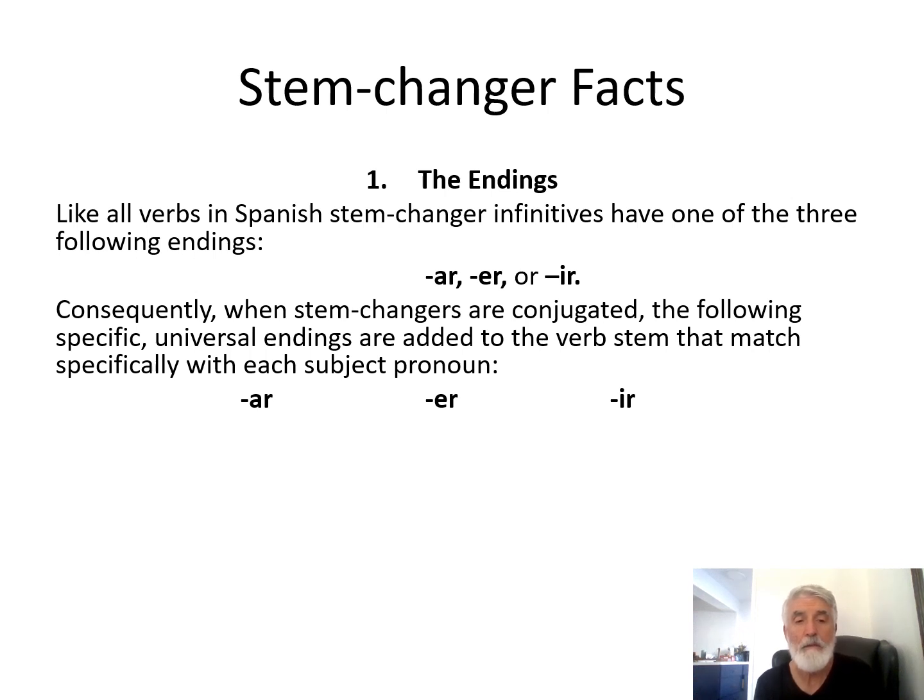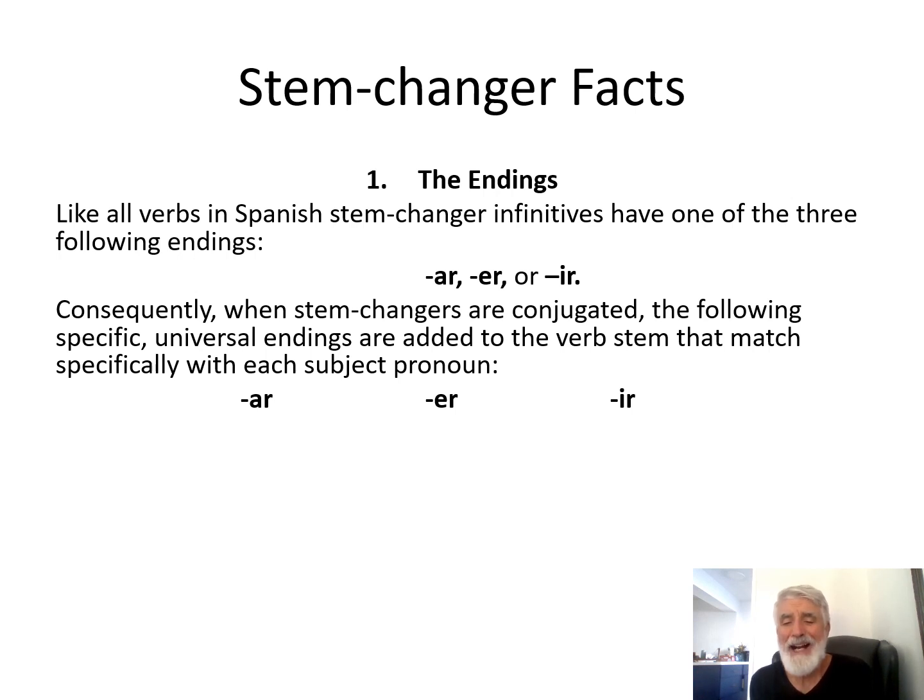So, what are some facts about stem changing verbs? First of all, like all verbs in Spanish, stem changer infinitives have one of the following three endings. So again, all verbs in Spanish, even stem changers, end in AR, ER, or IR in the infinitive form.